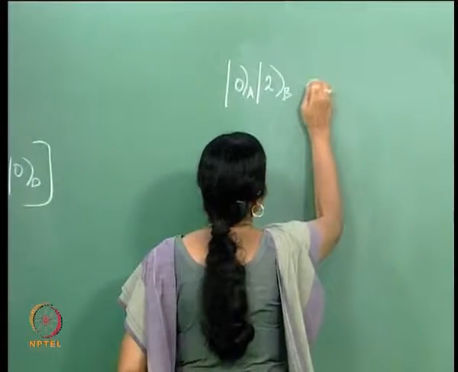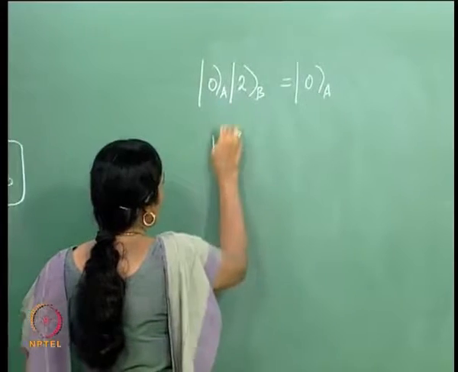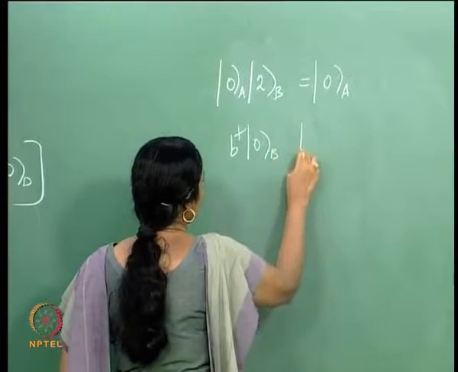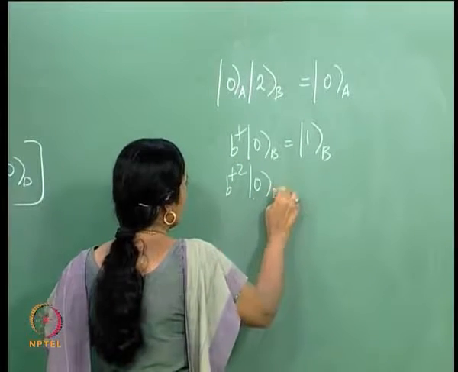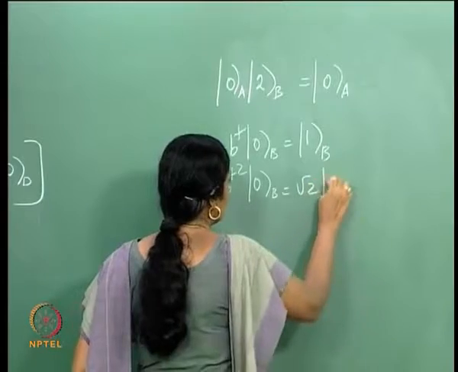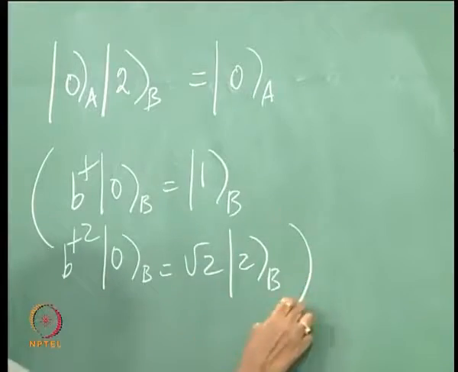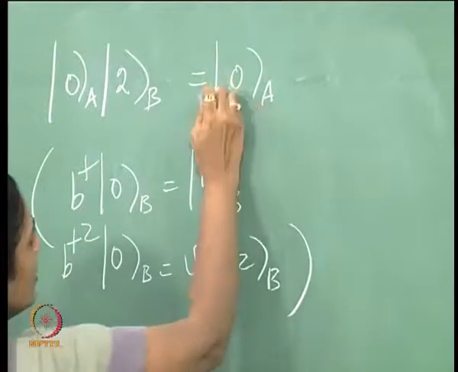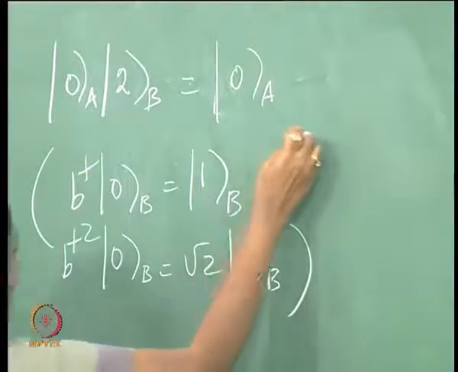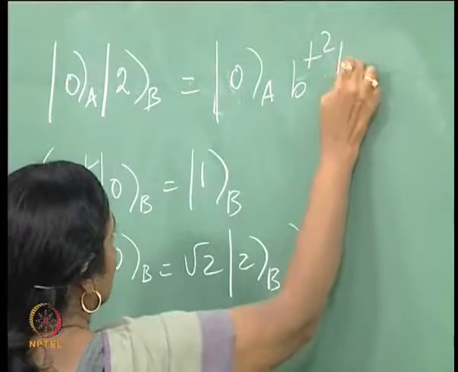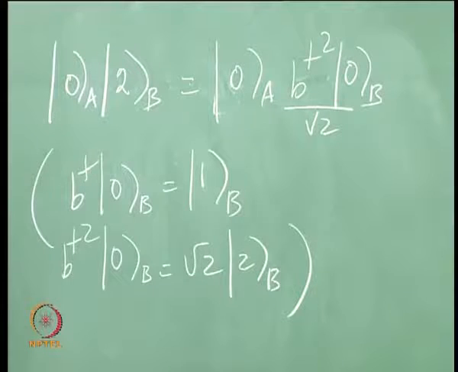When B dagger acts on 0B, it gives me 1B, and when B dagger squared acts on 0B, it gives me root 2 2B, and therefore I will write 0A 2B as ket 0A 2B apart from a root 2, so this is what I have.